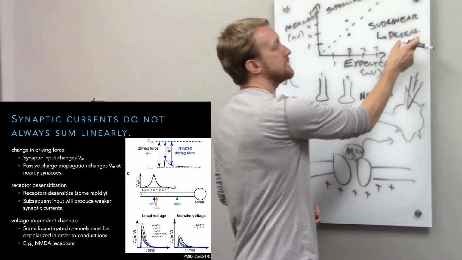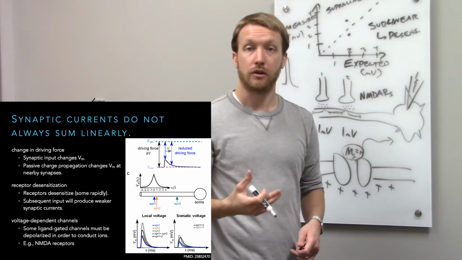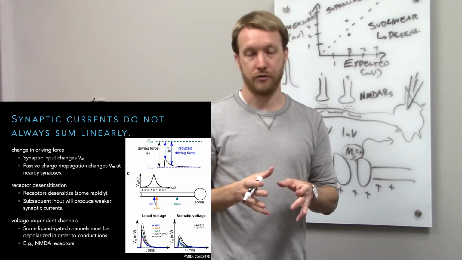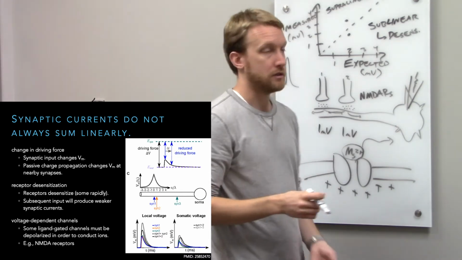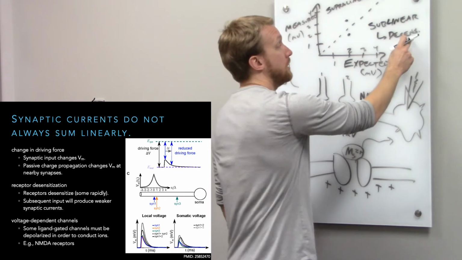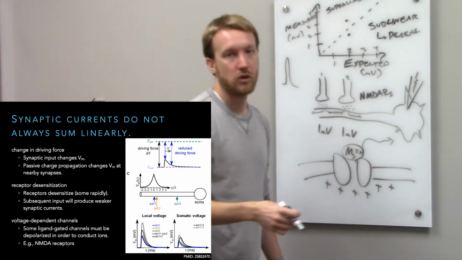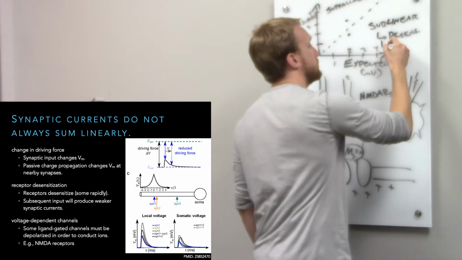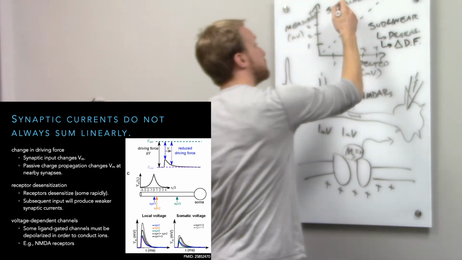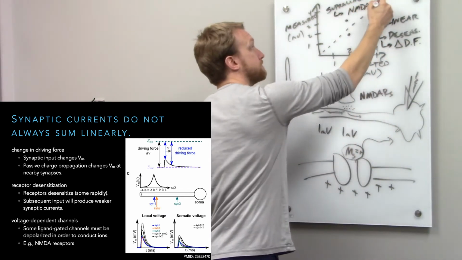Different receptors desensitize more or less, but AMPA receptors, which are your kind of run-of-the-mill, basic, fast, excitatory transmitters, desensitize rapidly. So you're going to see desensitization. So if you stimulate a receptor over and over and over, you're not going to get as strong of a response. And also because of a change in driving force. Supralinear, NMDA receptors.